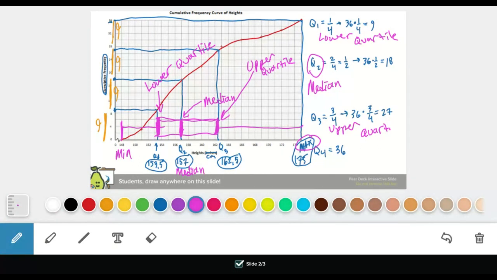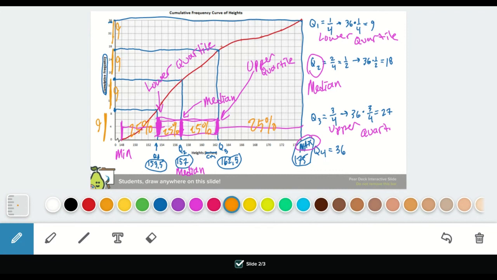So what your box and whisker plot represents is just the cumulative frequency. And the last part is, since they're all quartiles, everything's divided by 4, correct? Which means you have 25% of your data here, 25% here, 25% here, and 25% here, because it's divided into 4 equal parts.